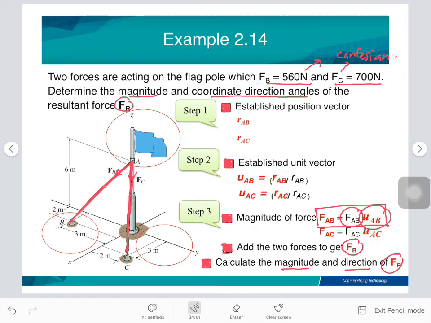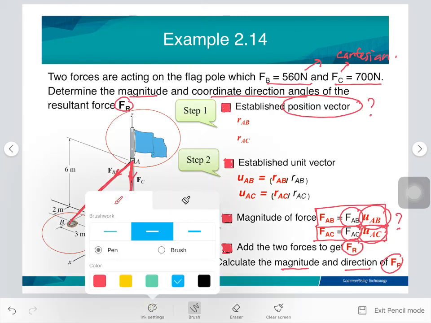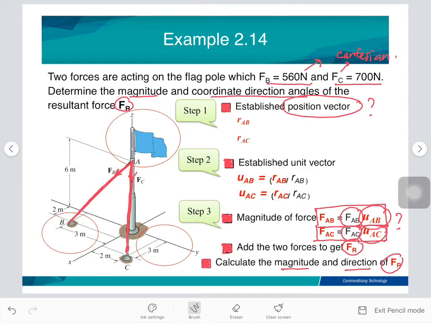So you can express this FC in Cartesian by this magnitude with this unit vector AC. So here, how to determine this Cartesian? So definitely step 1. Step 1, we need to establish the position vector. Position vector of what? So you need to establish the position vector of this one.